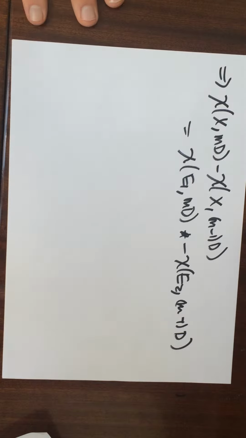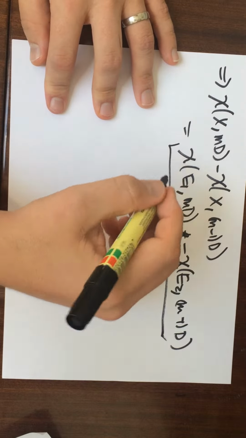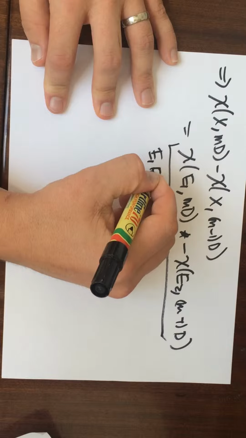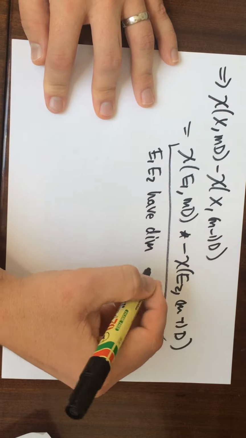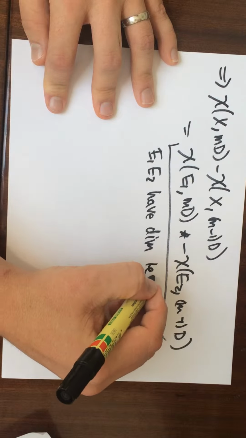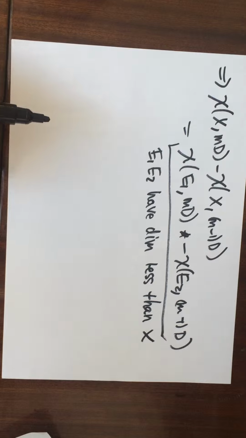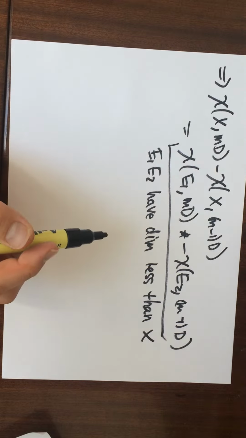Now we can apply the induction on dimension. This is where the induction on dimension works. Notice that E1 and E2 have dimension less than X. There's a fact that these two things are numerical polynomials.